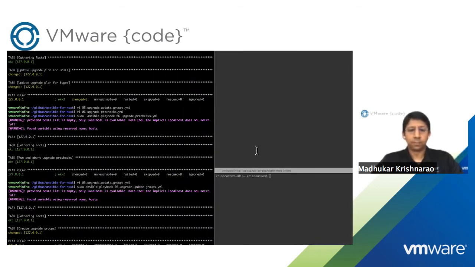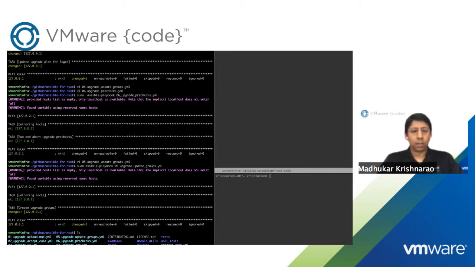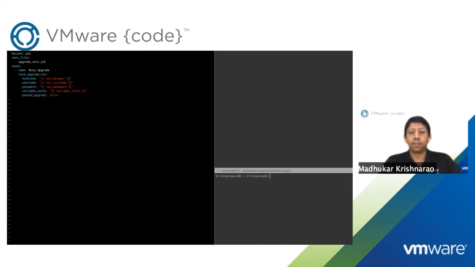To do that, all I do is run this specific upgrade playbook. Now, as I said, very simple, straightforward. It just uses the NSX-T upgrade run playbook. As you can see, it does not need any complex parameters because you've already made changes to your plan, to your group before you reach this point.